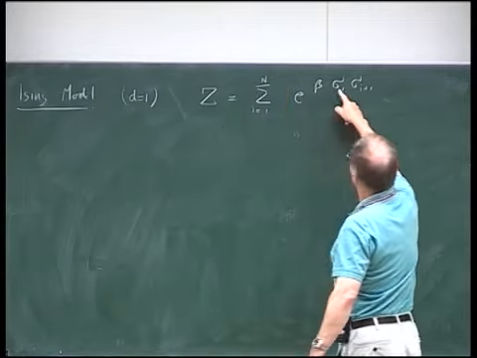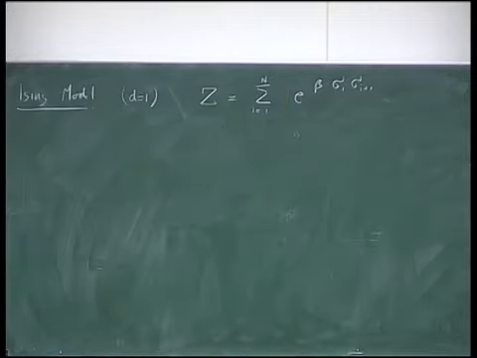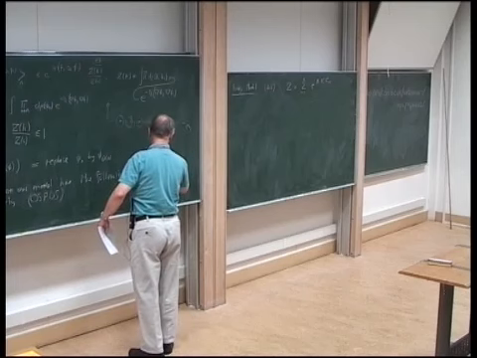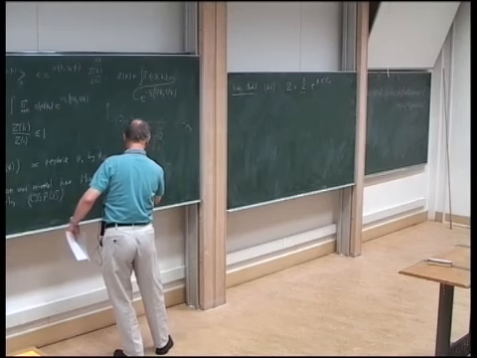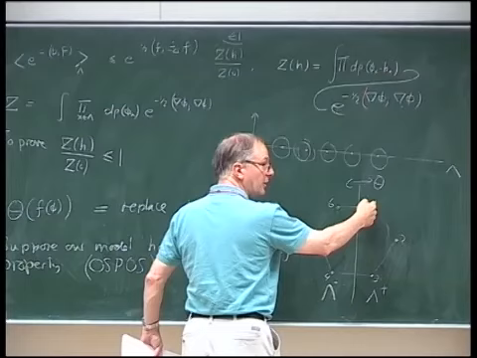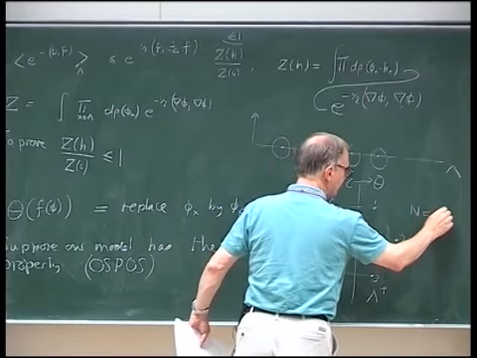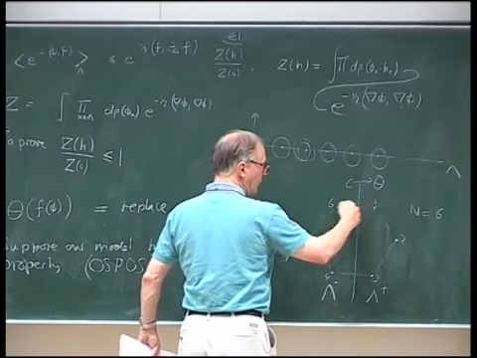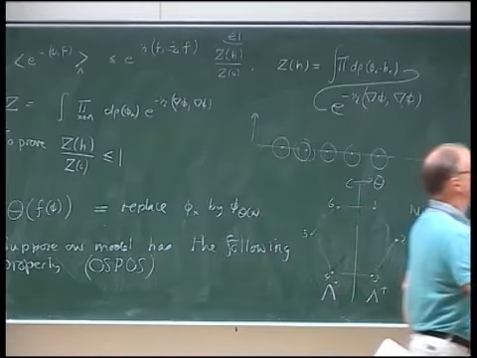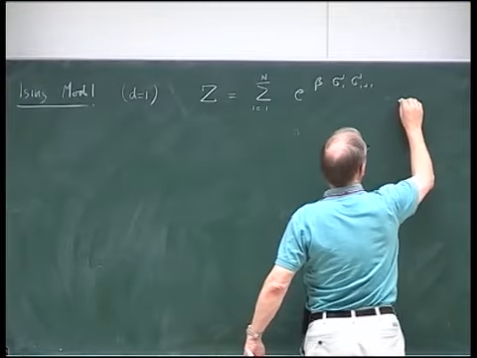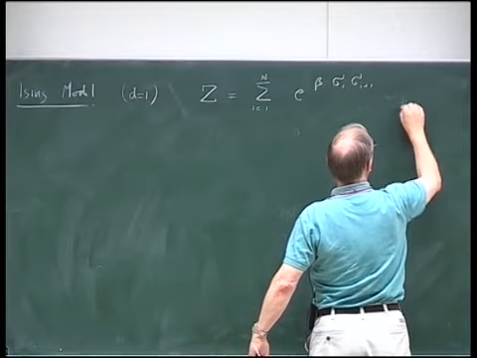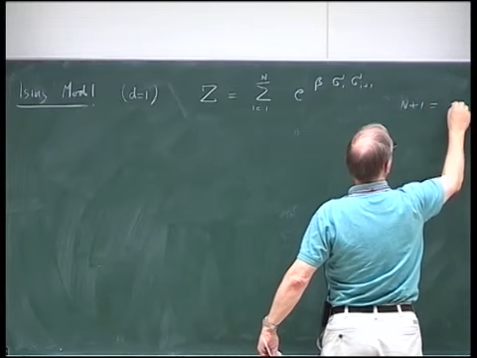I'm labeling the sites 1, 2, 3, 4, 5, 6, so capital N is 6 in this case, but then when you go one further, you couple them together, so N plus 1 is equal to 1.